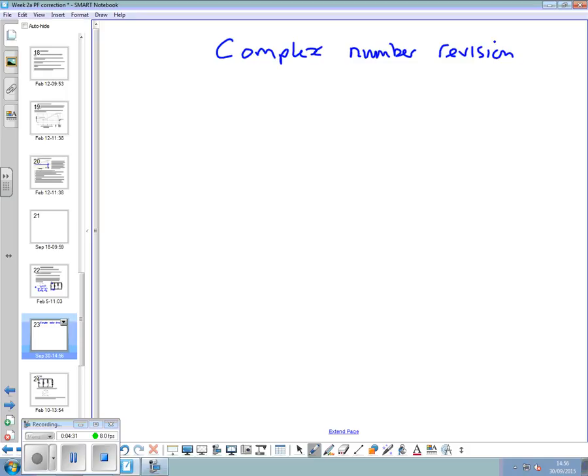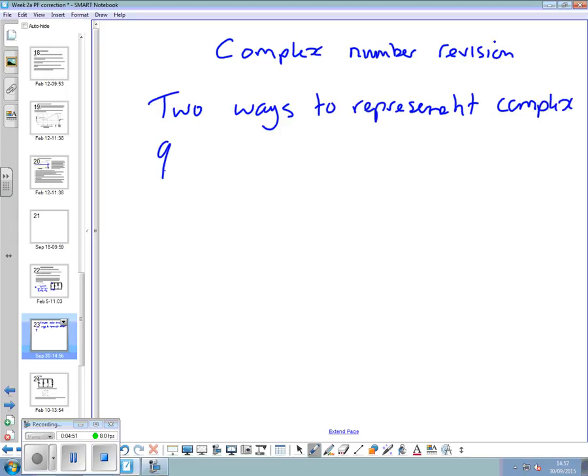Okay. We got two ways to represent complex quantities or vectors.